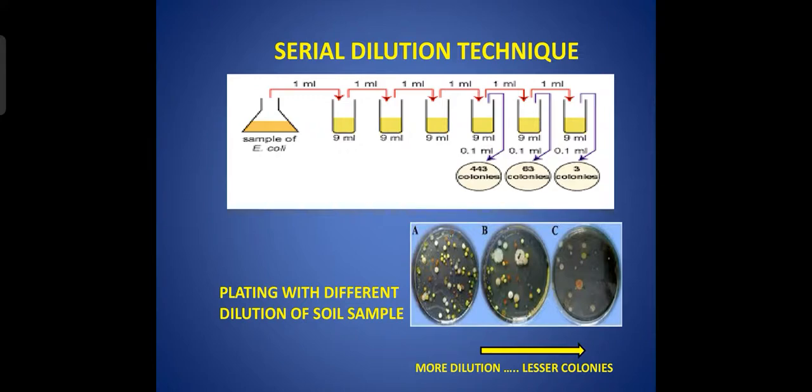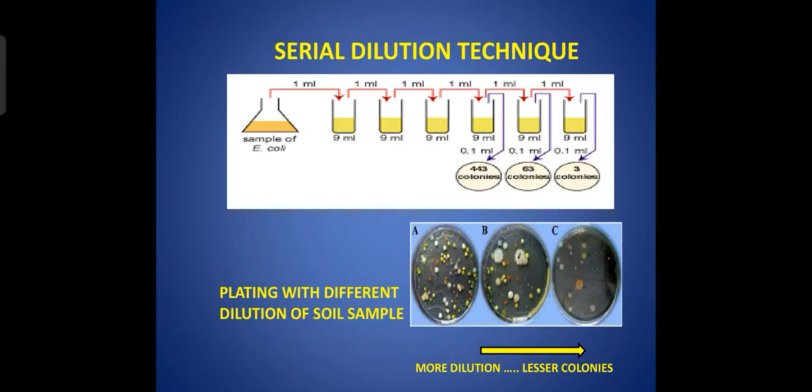Serial dilution technique. For serial dilution, we take series of test tubes, and in all the tubes we'll take 9 ml of distilled water or saline. The first tube we'll consider as 10 raised to -1. We'll add 1 ml of starter culture, 1 ml of sample containing organism of interest.